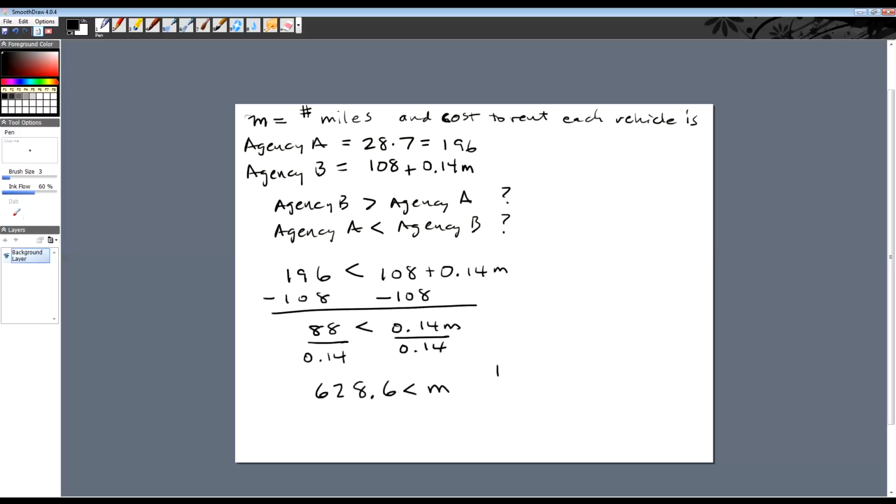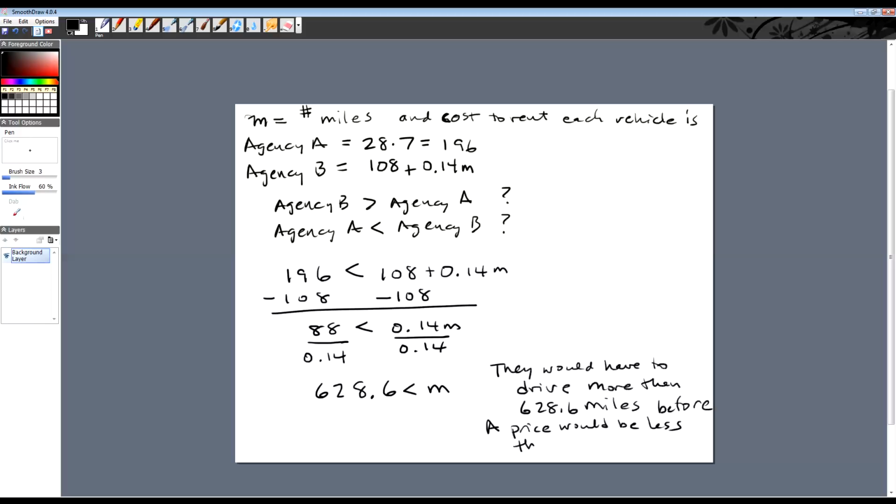So they would have to drive more than 628.6 miles before the Agency A price would be less than the Agency B price.